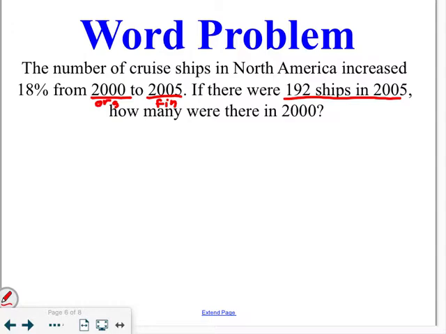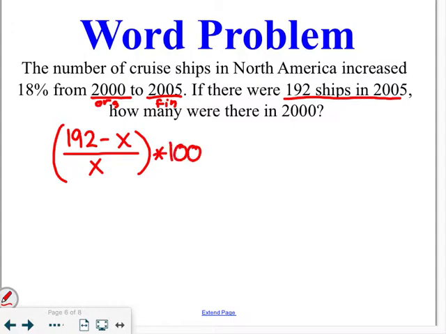Plugging in, we end up with our final of 192 minus the original, which we don't know, dividing by the original, which again we don't know, times 100 is equal to 18.